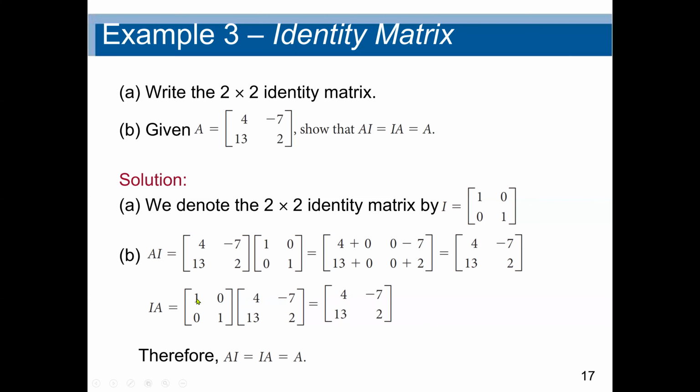Then 1 times negative 7 is negative 7, 0 times 2 is 0. Then 0 times negative 7 and 1 times 2 is 2. So they're also the same: 4, negative 7, 13, and 2. Which shows that AI is equal to IA, and is equal to A, is correct.